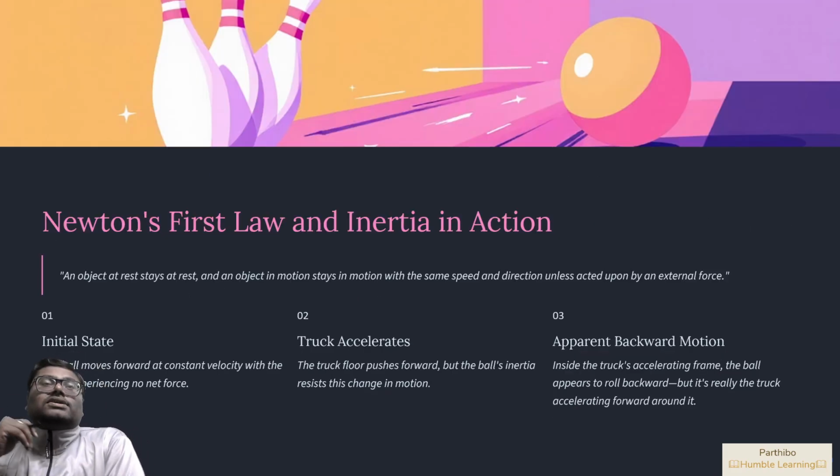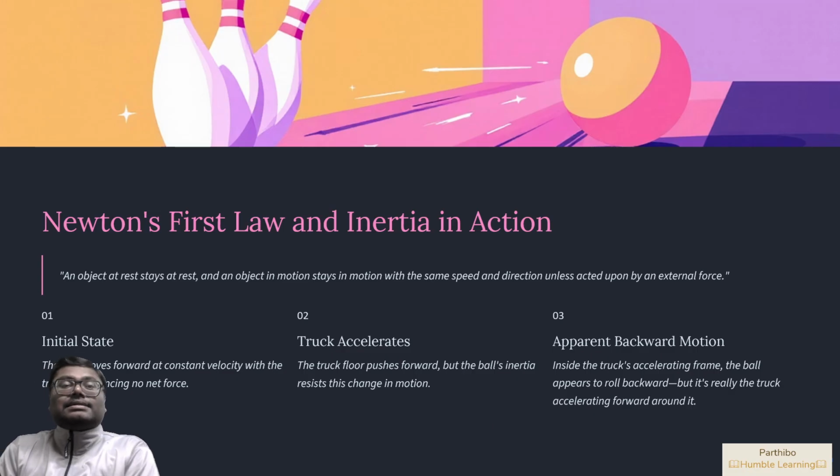So Newton's first law and inertia in action: an object at rest stays at rest, and an object in motion stays in motion with the same speed and direction unless acted upon by an external force. In the inertial state, the ball moves forward at constant velocity with the truck, experiencing no net force, whether the truck accelerates or decelerates.